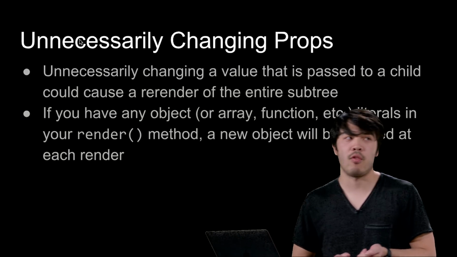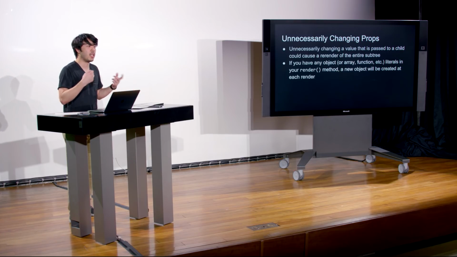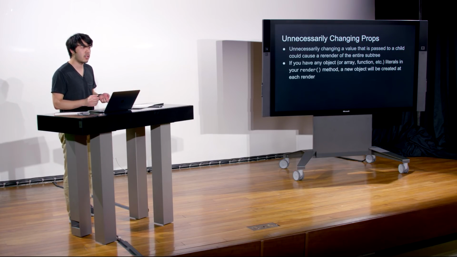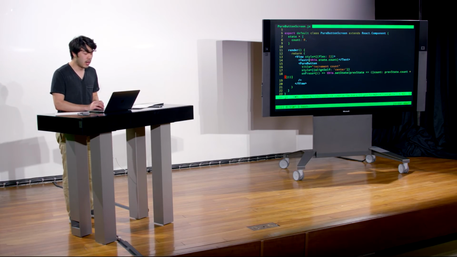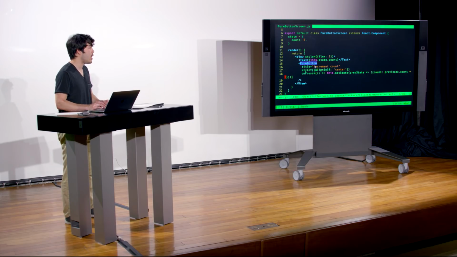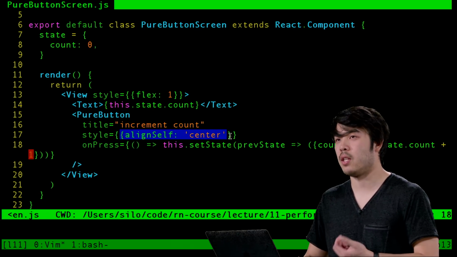And so remember, if we have any object literals in our render method, it's creating those object literals every single time render happens. And so since in our render here, we have a pure button, every single time this render is created, this object is getting recreated.